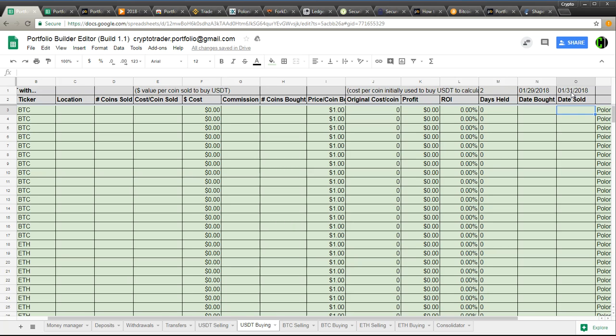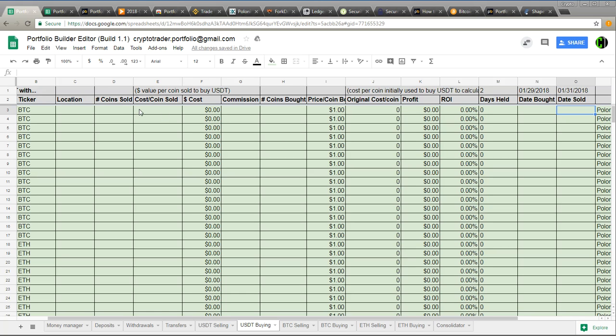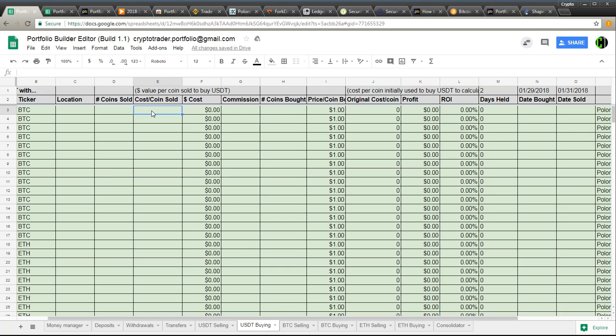Now this must be entered in the same format right here. And what that's going to do, it's going to look at the value of the cryptocurrency you sold the day of the sale. And this figure is normally not reported in most exchanges, so it's very important that you do fill out column O to automatically locate the cost of your crypto coin on the date of sale.